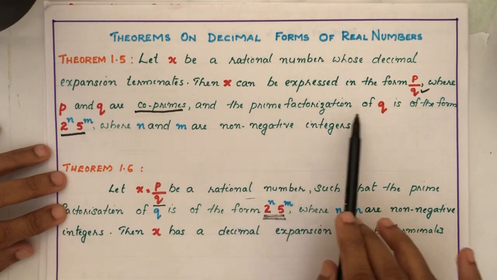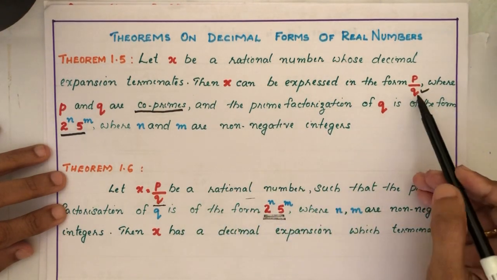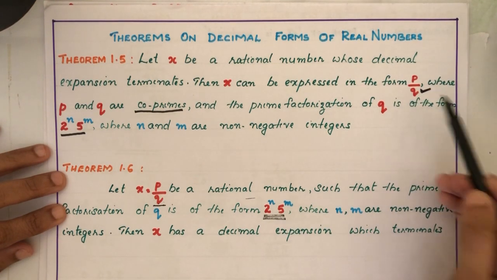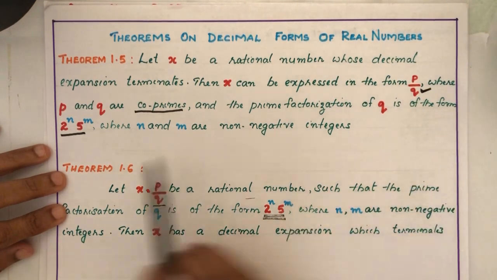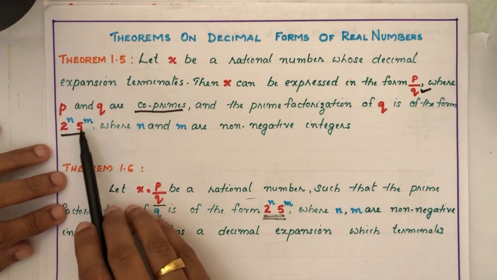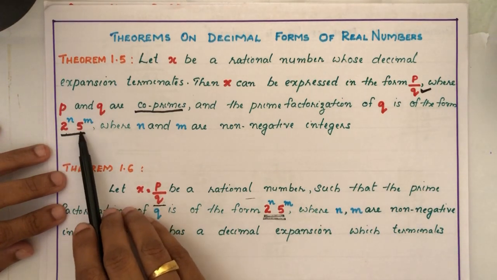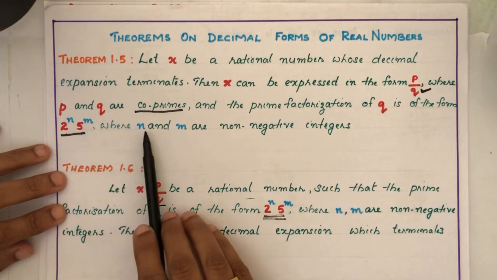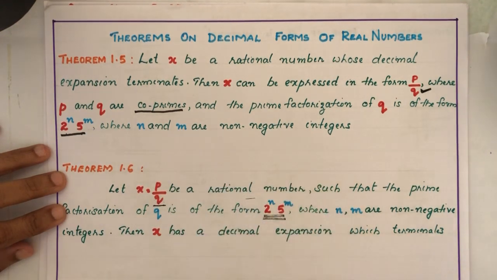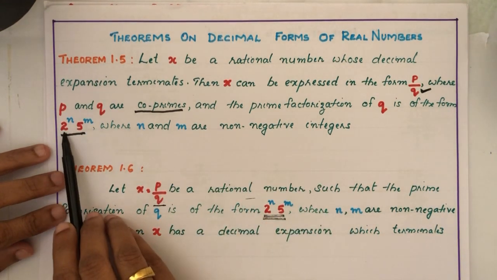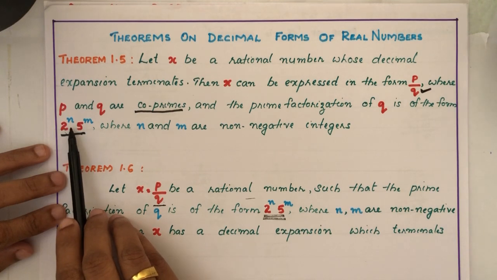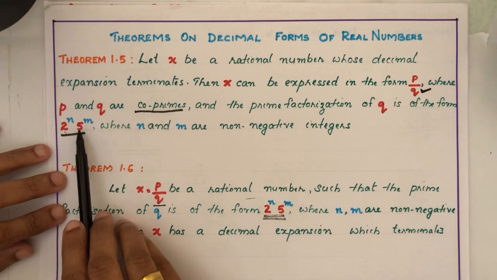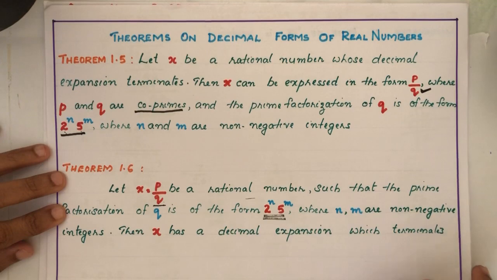And the prime factorization of q is of the form 2 raised to n into 5 raised to m, where n and m are non-negative integers. So what is the meaning? The denominator is of the form 2 raised to n into 5 raised to m.